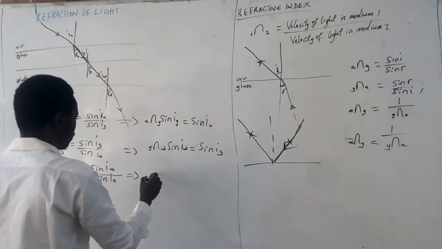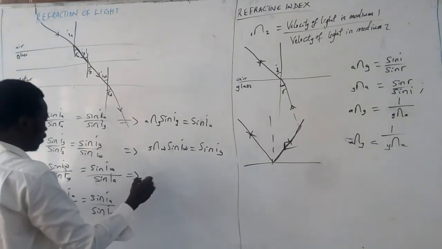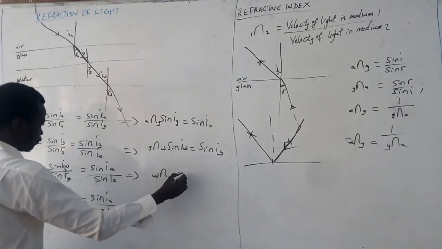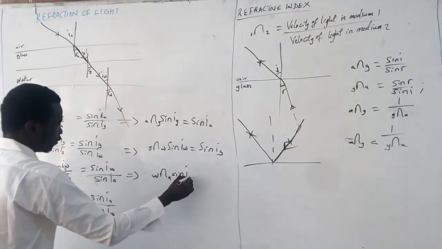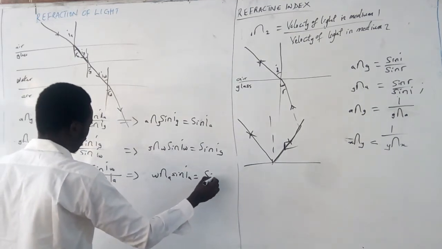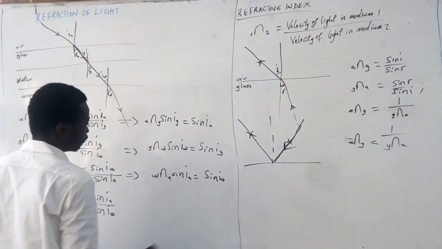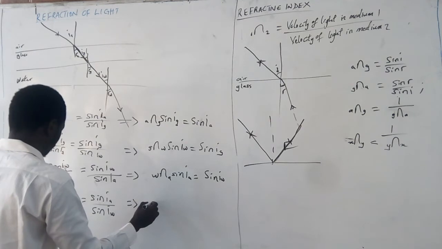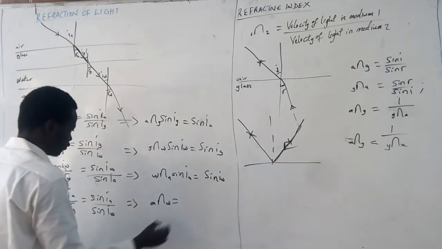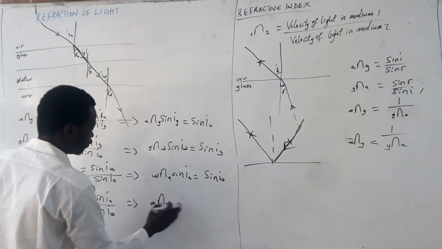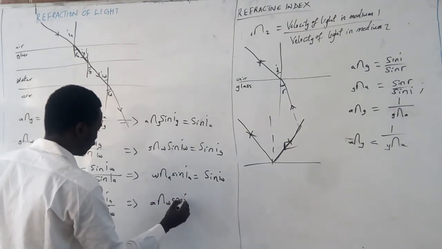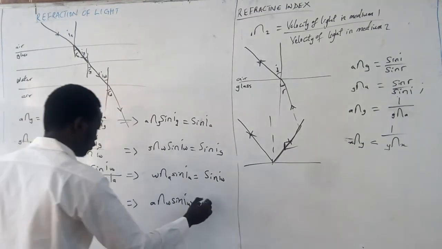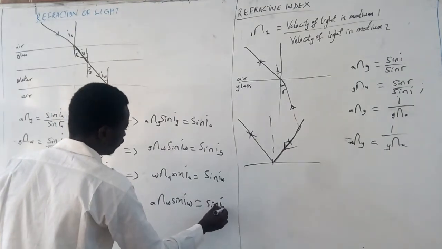So for water to air, sine I of air is equal to sine I water. Then this also, sine I of water is equal to sine of incidence of air.